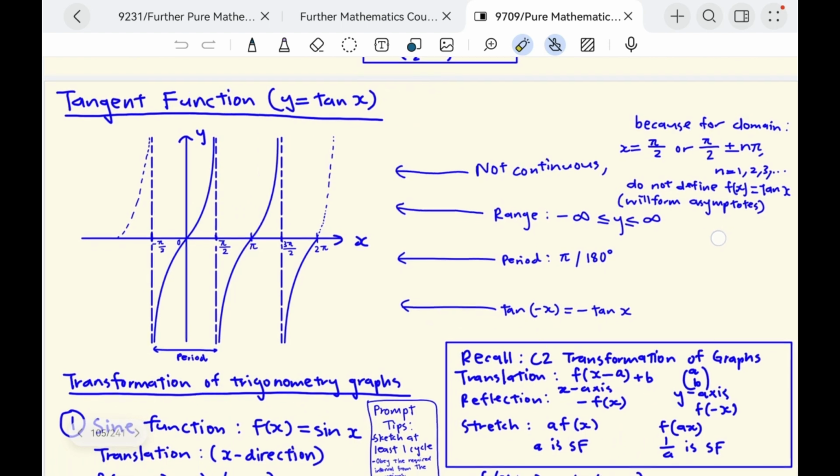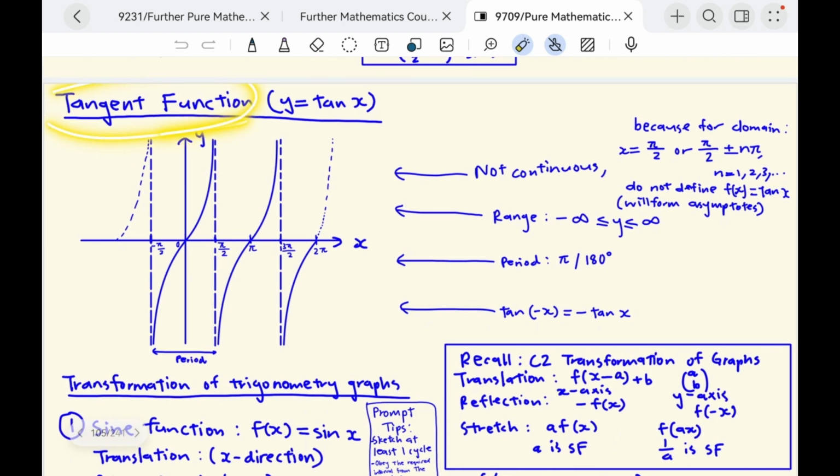So let's move on to the tangent functions. How to represent a tangent function, which is y equals tan x, not the surname Tan, but tangent of x. Follow my pronunciation: tangent x.